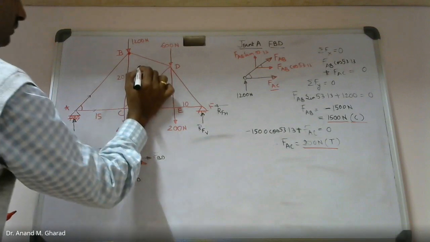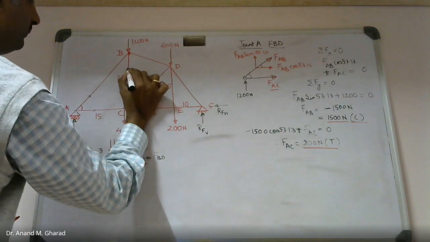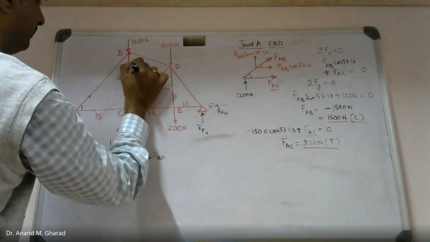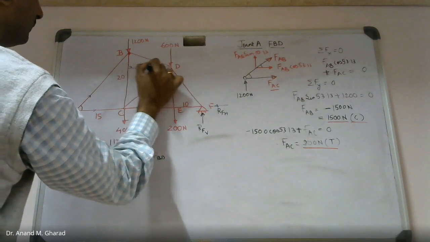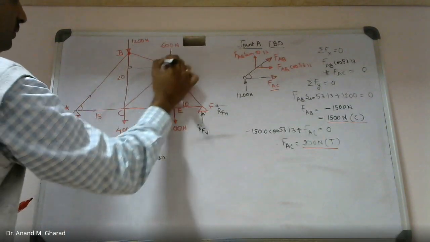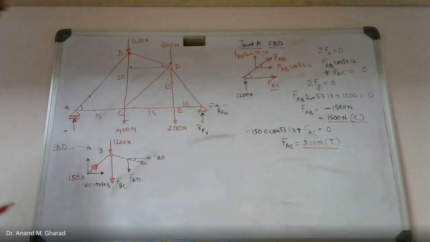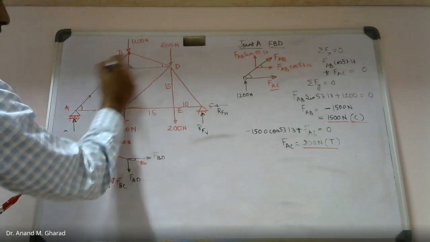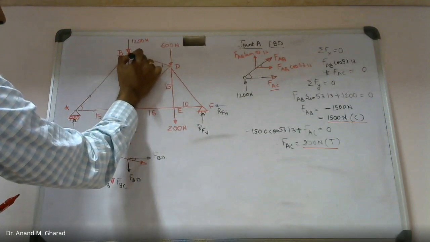For that, what you can do, you can drop a perpendicular from this point D on this member. So you can get this angle. So how much will this be? Will this be 5 unit?